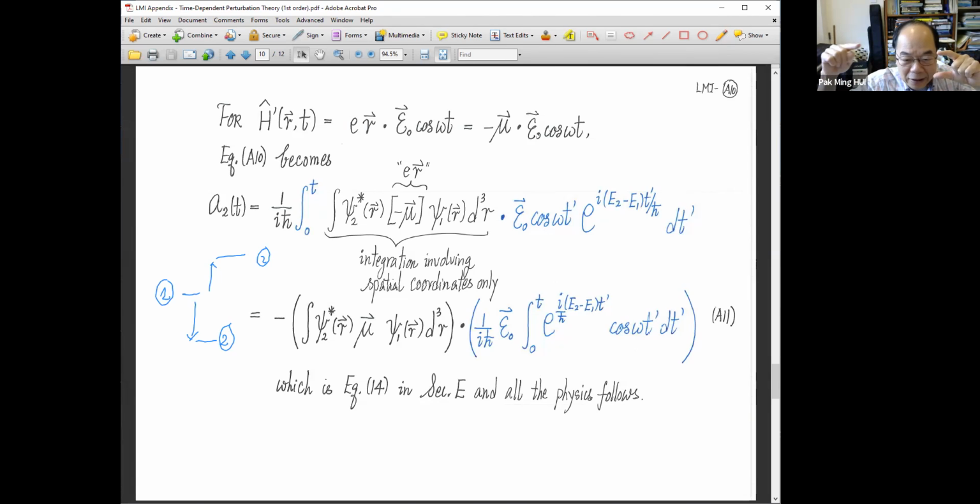The incident light must match the particular energy difference of the two states. Both are common sense, but I think it is the first time you see this common sense coming out quantum mechanically. So let us pick up the atom discussion.